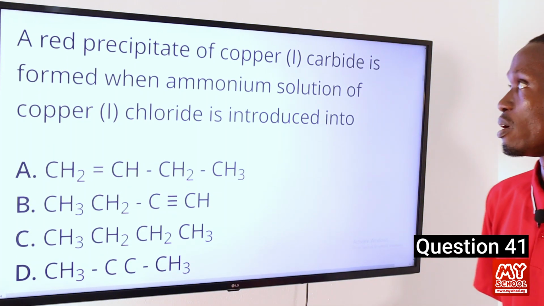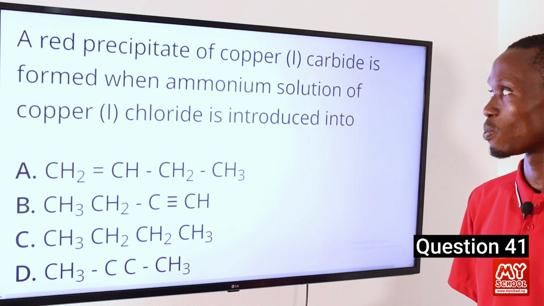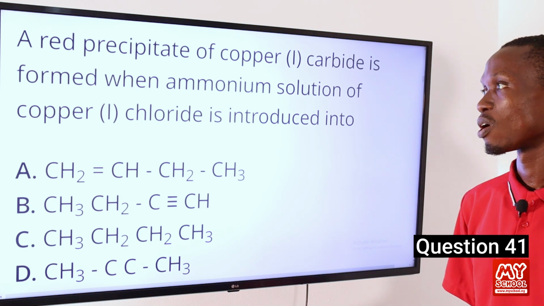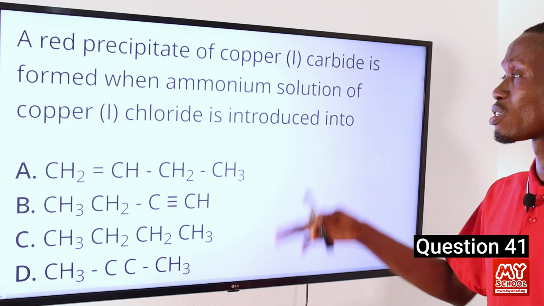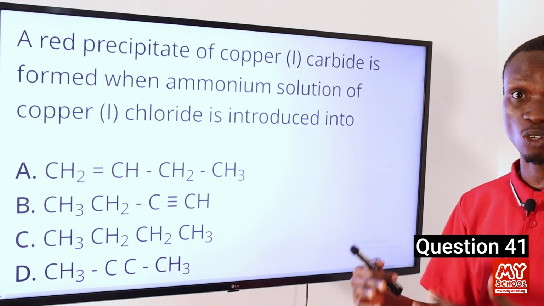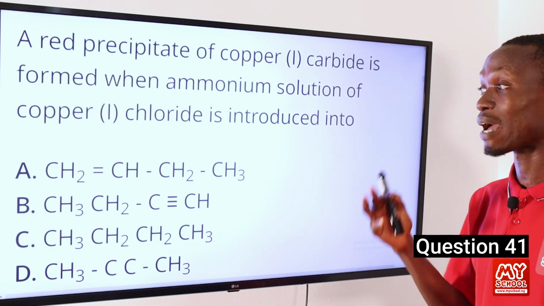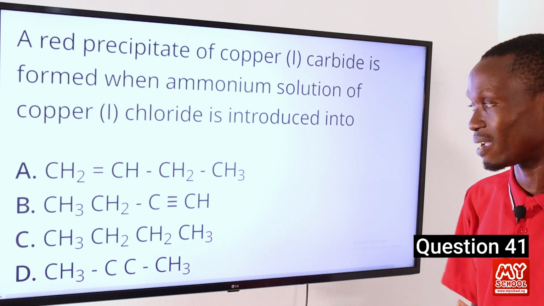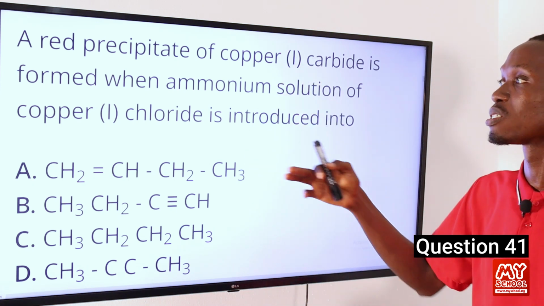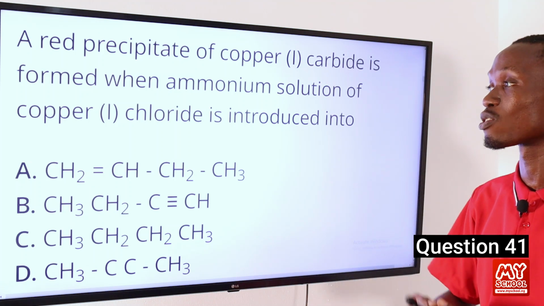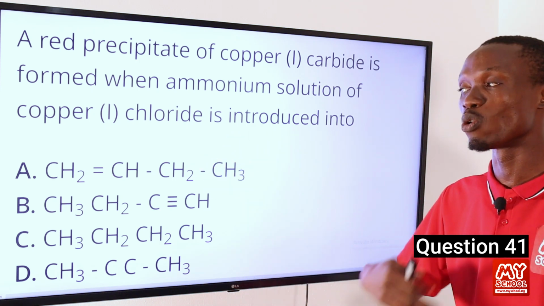Question 41. A red precipitate of copper 1 carbide is formed when ammoniacal solution of copper 1 chloride is introduced into dash. This question is about distinguishing between an alkene and an alkyne. Alkenes have a double bond, while alkynes have a triple bond. Alkyne will react with ammoniacal solution of copper 1 chloride, but alkene will not.